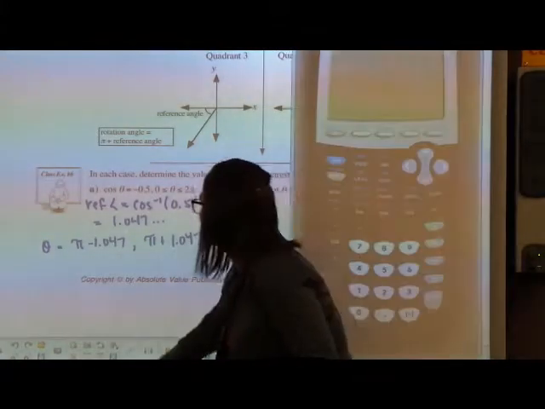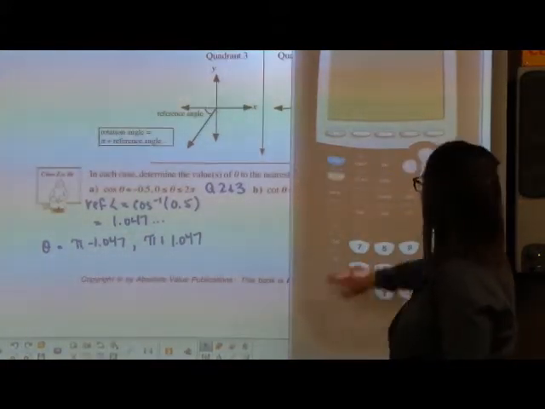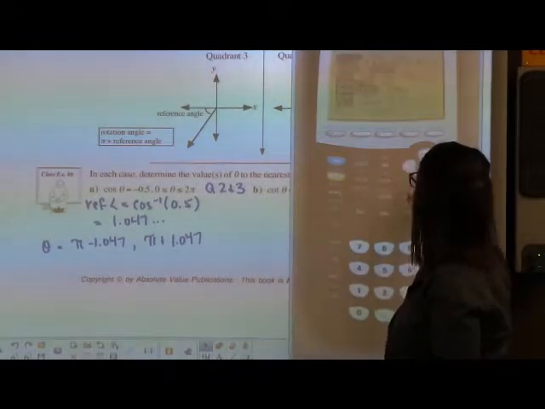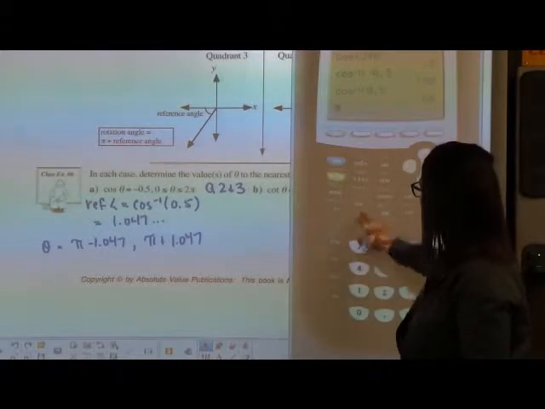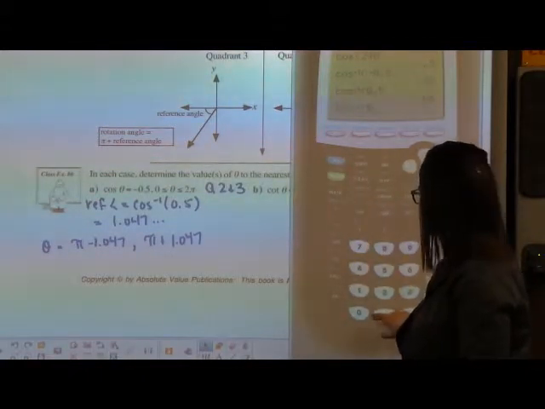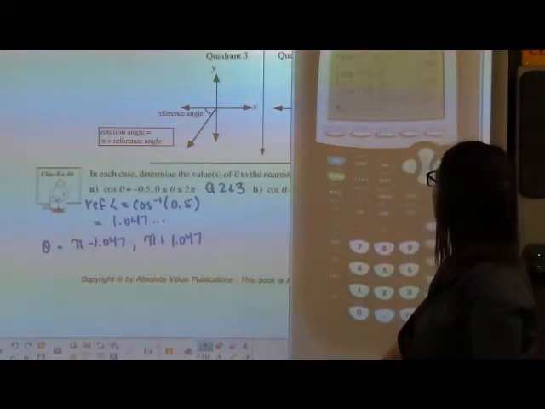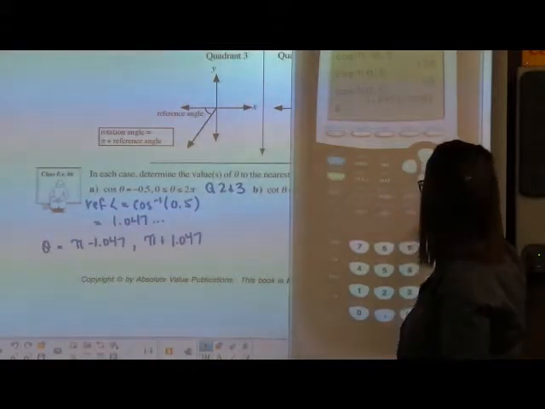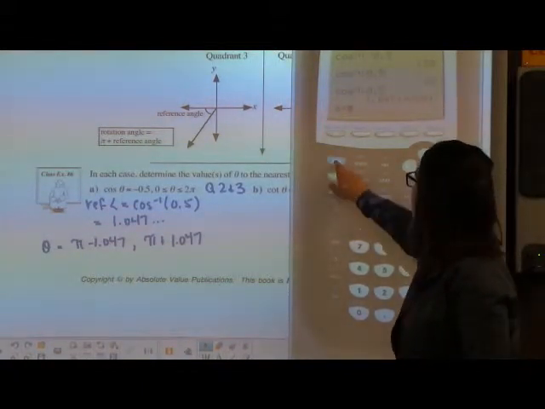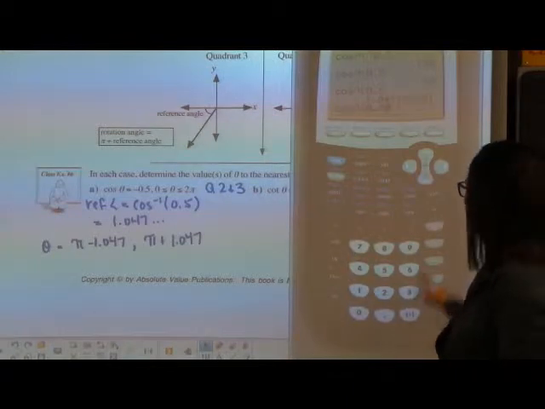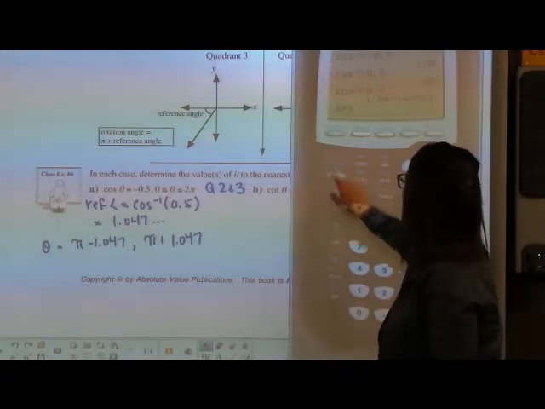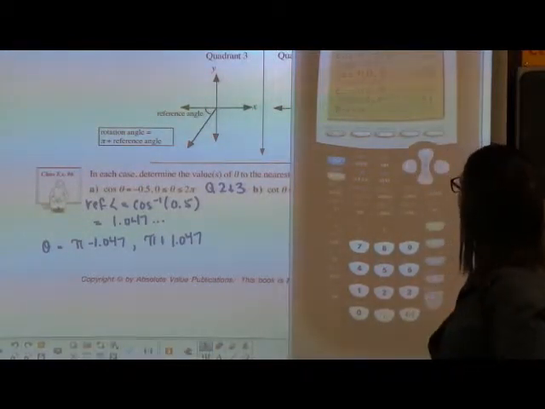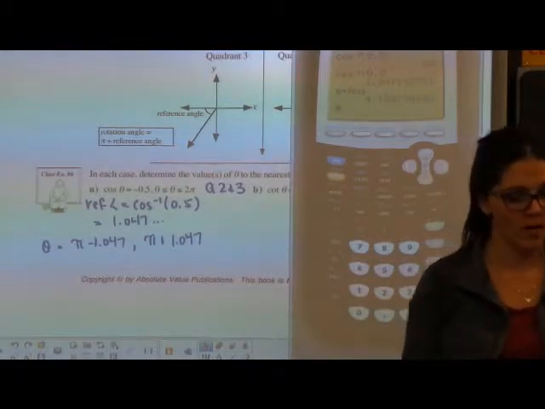So if I was to use my calculator, first of all, I want to make sure that I'm in radian mode. So I need to be in the correct mode. And then cos inverse 0.5. And then what I can do is I can go pi plus that answer, and I get 4.19.